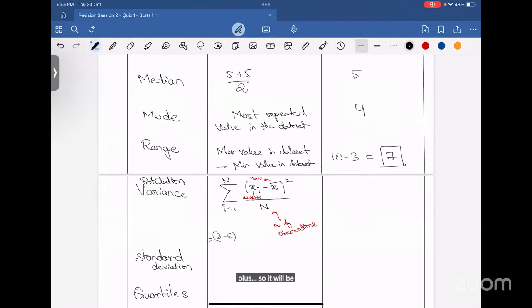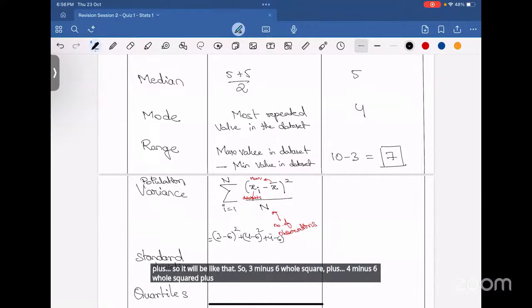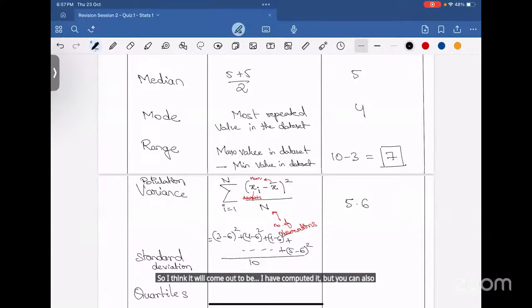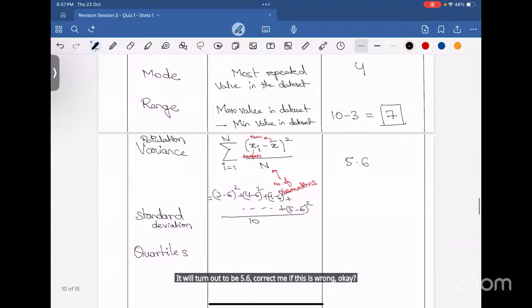So 3 minus 6 whole square plus 4 minus 6 whole square plus 4 minus 6 whole square plus, and so on till the last data point, which is 5 minus 6 whole square, whole divided by 10 will be the variance. I have computed it, but you can also compute it. It will turn out to be 5.6. Correct me if this is wrong, okay? So this is the population variance.